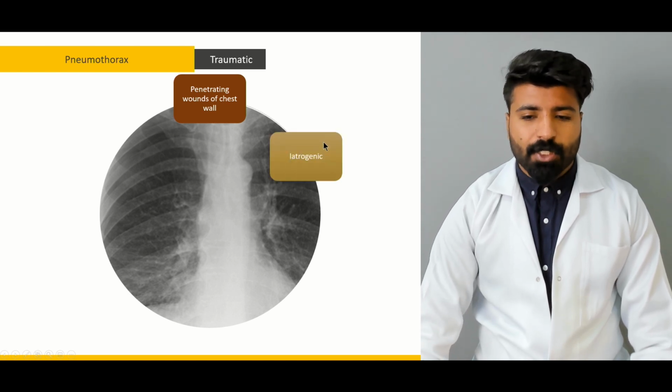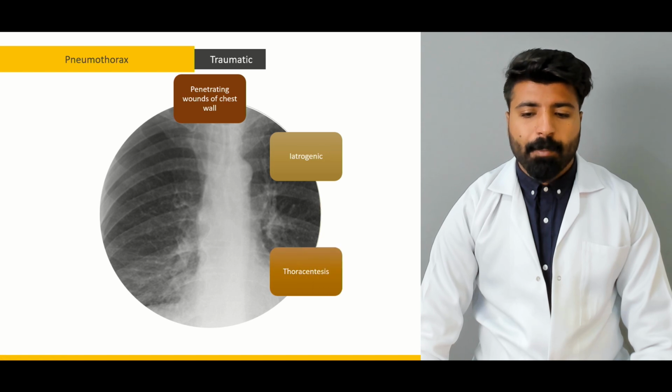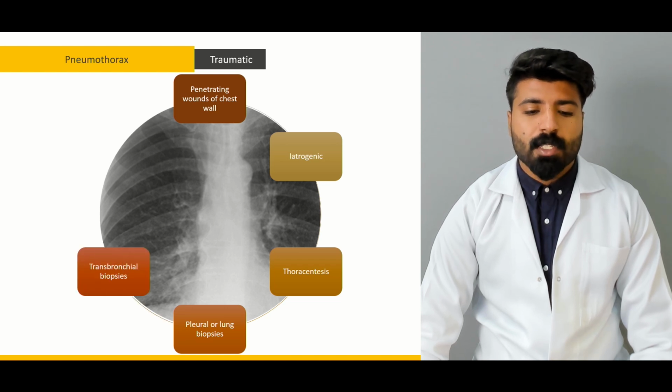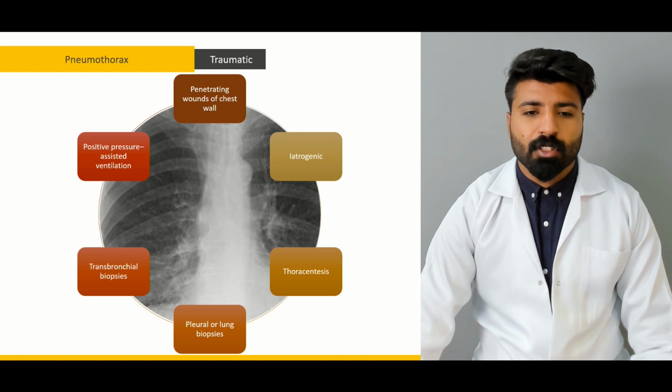So it can be iatrogenic, it can be thoracentesis, it can be pleural or lung biopsy, it can be transbronchial biopsy, it can be positive pressure assisted ventilation. So these are actually the causes. All of them are causes of traumatic pneumothorax.